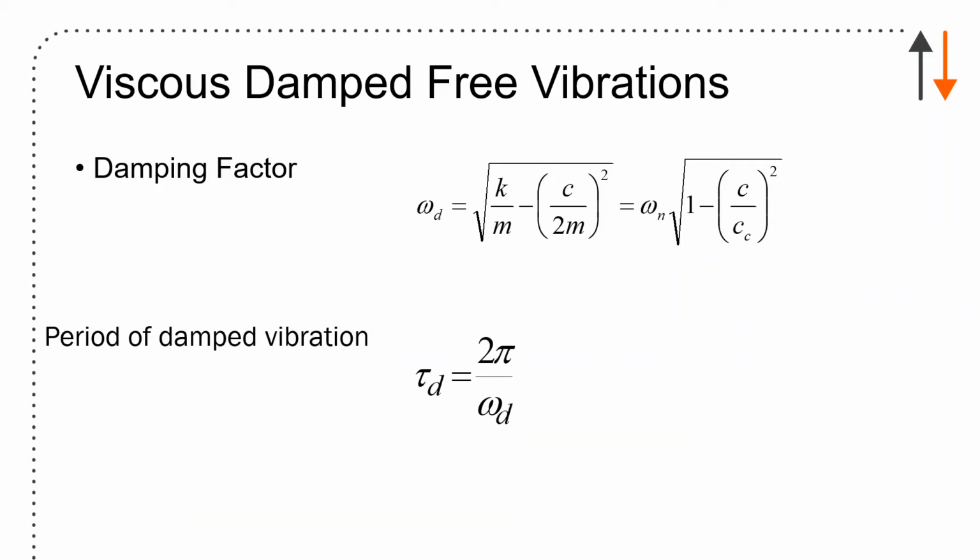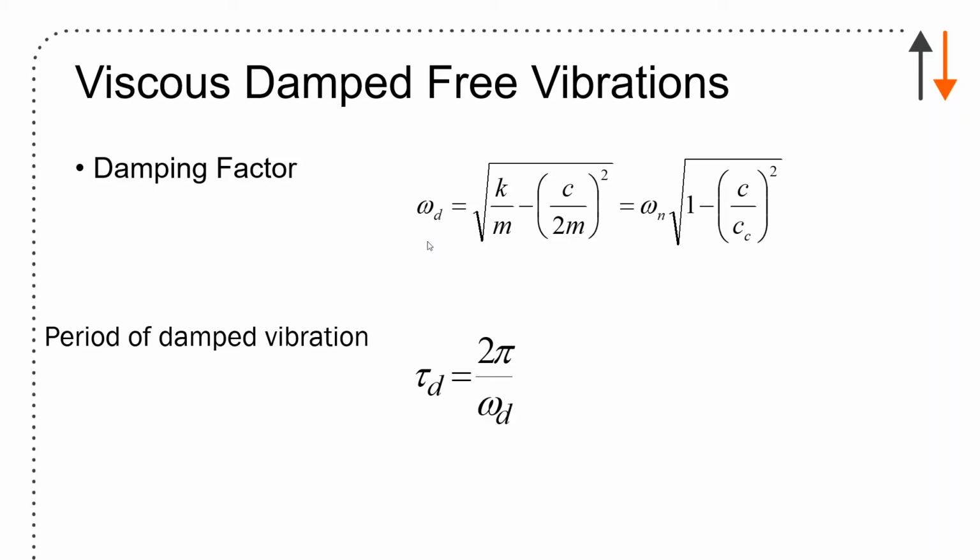In terms of the damping factor, you can relate it to the natural frequency, omega n, and if you do that, you end up with omega d equals omega n times the square root of 1 minus c over c sub c squared.